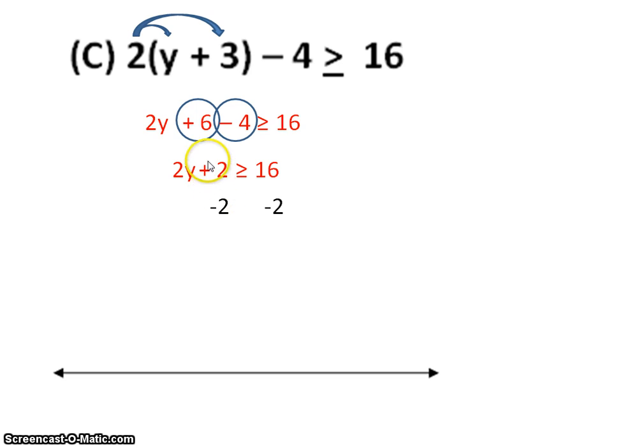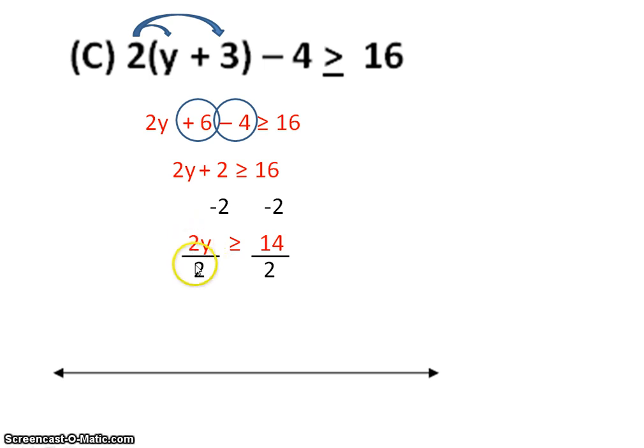These 2's will drop out, and on the left-hand side, I'll be left with 2y. On the right-hand side, I'll be left with 14. I just bring down the inequality. Y is still being multiplied by 2. I can undo that multiplication by division, and I'm going to divide by 2, as long as I divide the right-hand side by 2.